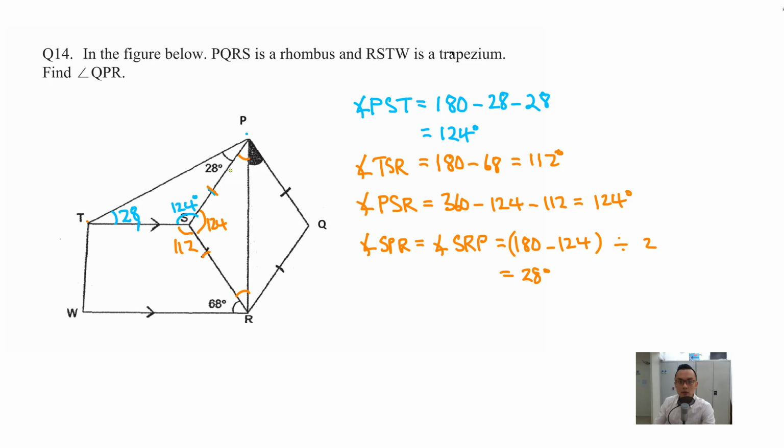Because this is a rhombus, this line divides it into 2, so these two angles are the same. Therefore, this is also equal to 28. So angle RPQ is equal to angle RPS, equals 28 degrees. And that's the answer.